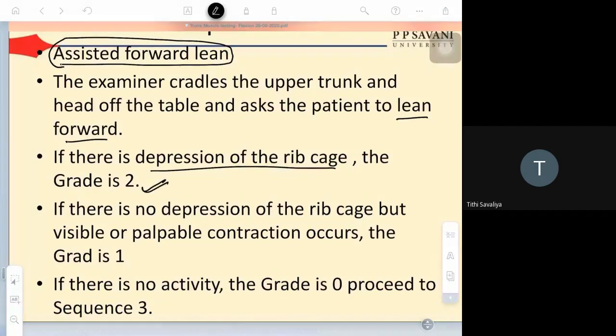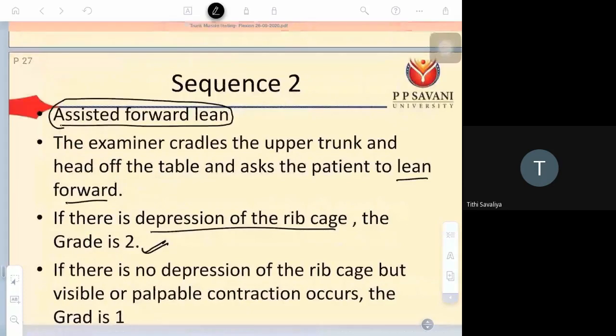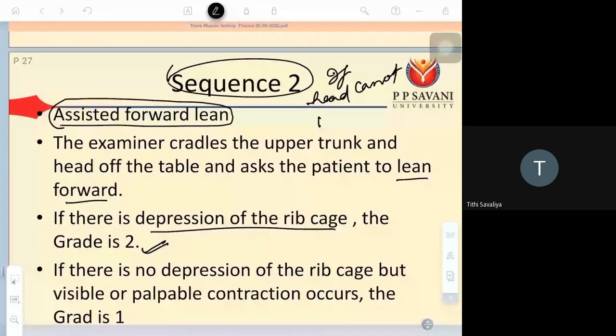This is sequence number 2. What is sequence number 2? Sequence number 2 will be given if the head cannot be flexed. If the patient cannot lift the head, then you will go for sequence 2. What have you given? You have given support, and now you are asking the patient to lean forward.